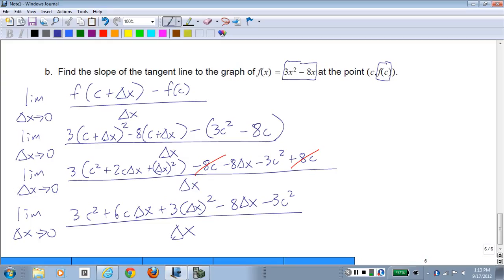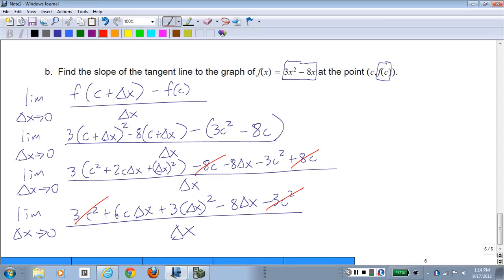What else cancels? Yes, 3c squared and minus 3c squared will cancel. And that's good news, because every remaining term in the numerator has a factor of delta x. So we're going to be able to factor it out.